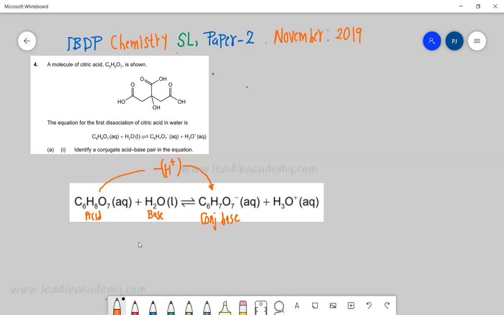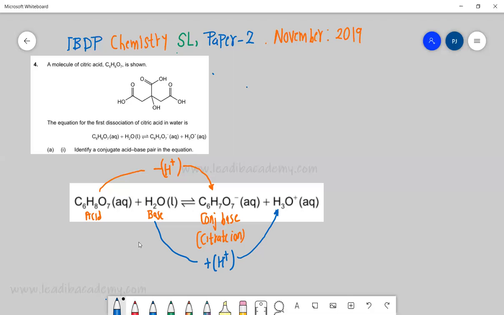This is the citrate ion, citrate. Now if we talk about this one, if we add a proton, because it's a proton acceptor, this base as per the Bronsted and Lowry theory, B and L, okay.